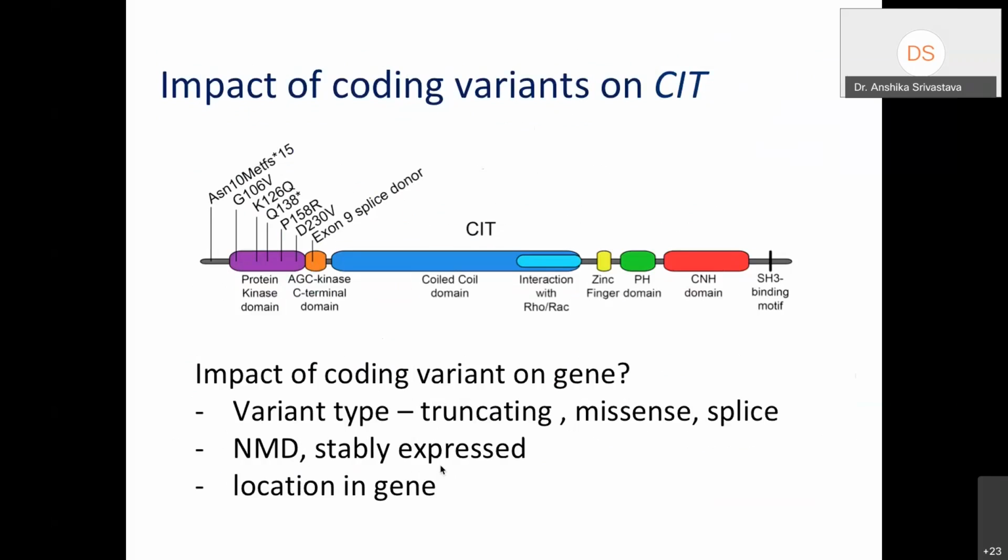So in our case, what types of variants were present? They were truncating, as you can see over here with this arrow. These are splice variants, exon 9 splice donor, and missense, where there is P158 to R, D230 to V. So these are the missense variants.